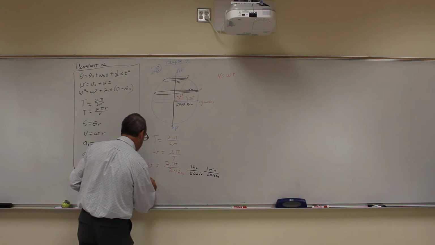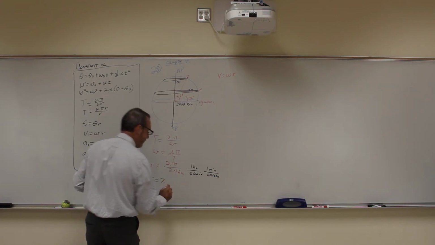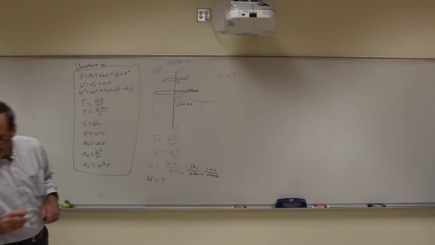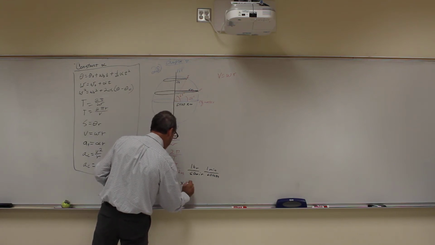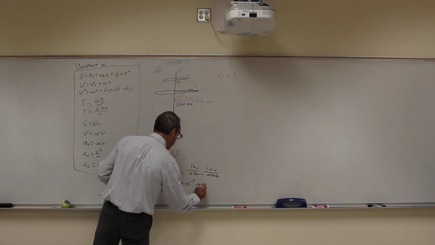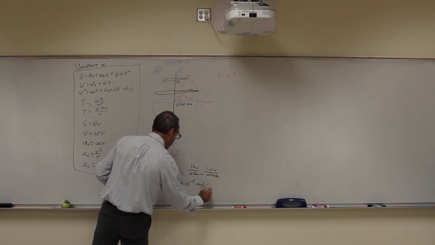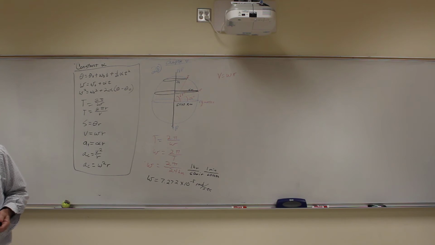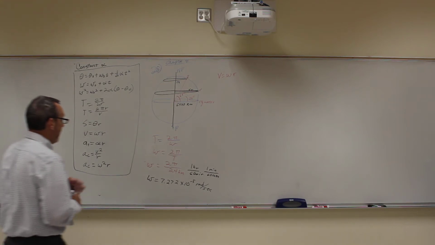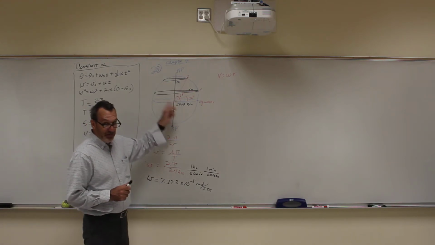So omega is equal to 7.27 times 10 to the minus 5th radians per second. Okay? And omega, remember, is the same for everybody on the Earth.